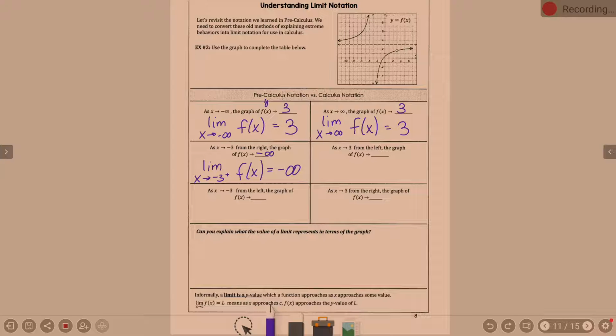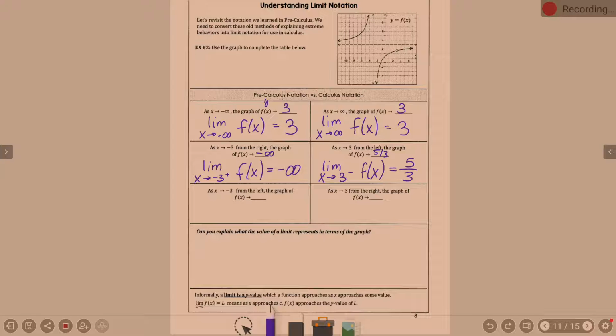So as x approaches positive 3, which is right here, from the left, what y value am I approaching? 5/3. Or in other words, what y value is at that point? And so it is 5/3. So the limit as x approaches 3 from the left means I put a negative in the superscript of f of x equals 5/3. If we write this limit notation enough times, it'll be burned into your head, right?